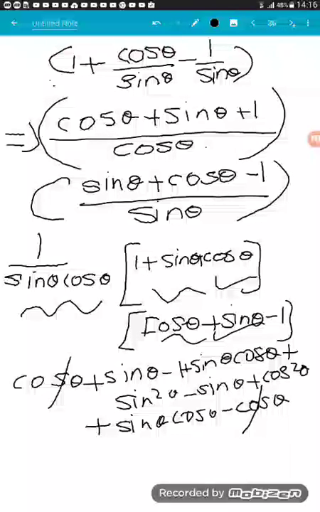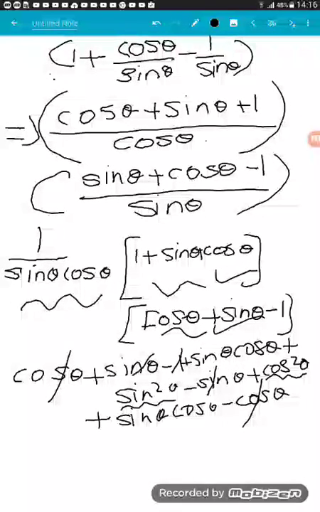Now plus cos theta minus cos theta cancel, plus sin theta minus sin theta cancel, and minus 1 is there, and sin square theta plus cos square theta is nothing but 1, so minus 1 plus 1 is 0, so that also cancels.